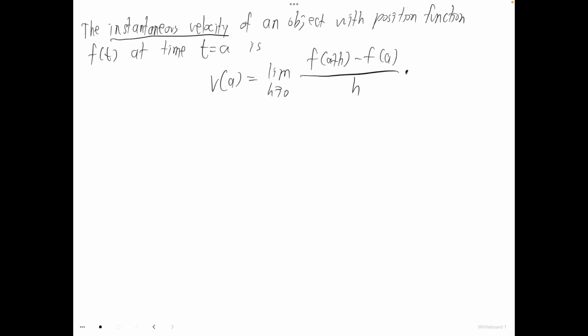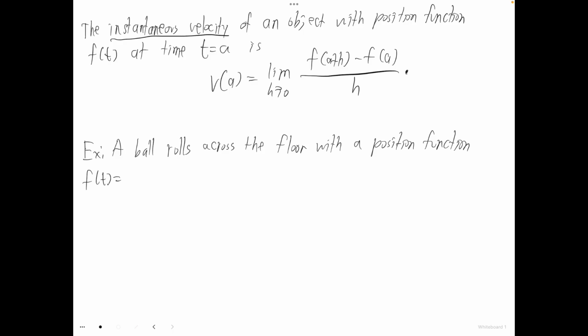And so now, we want to do an example of finding this. We have a ball that rolls across the floor with a position function f of t equals t squared plus 5t plus 25, given in centimeters.